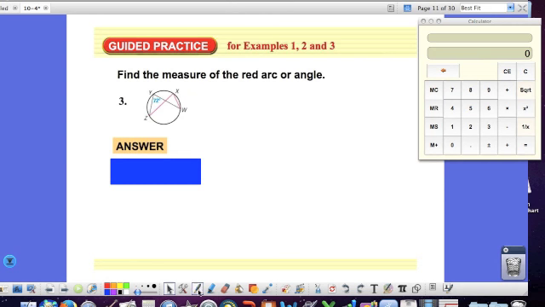And for this one, find the measure of the red arc or angle. So if this is 72, it's going to intercept ZW. They want us to find the measure of this angle. Since this angle intercepts the same arc, it's congruent.